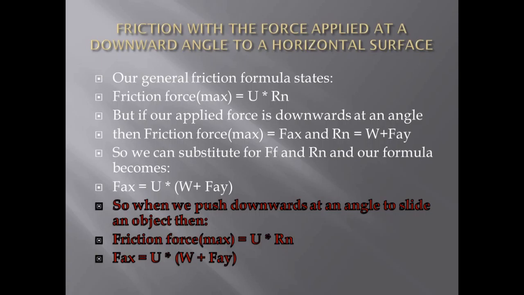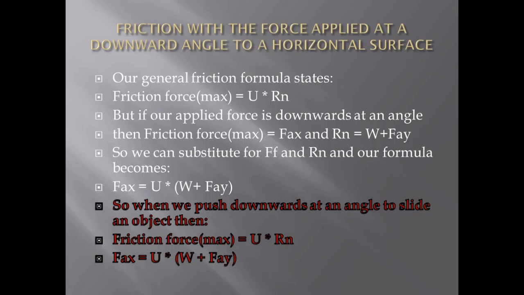So we can substitute for Ff and Rn, and our formula becomes Fax equals the coefficient of friction mu times the sum of the weight of the object and the vertical component of the applied force.